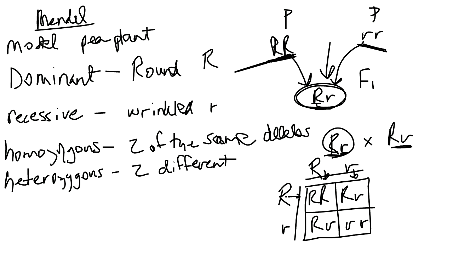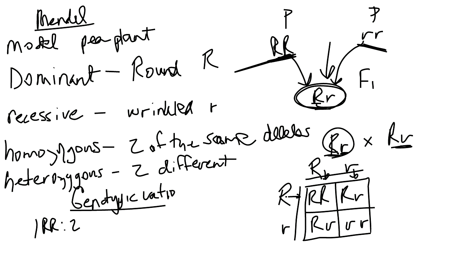So in this case, we can report this based on genotype. So we can say, what is the genotypic ratio of this cross? Okay, well, the genotypic ratio would be 1 big R big R to 2 big R little r to 1 little r little r.